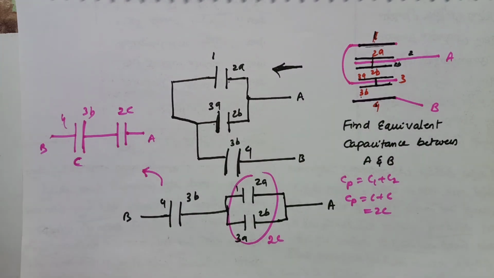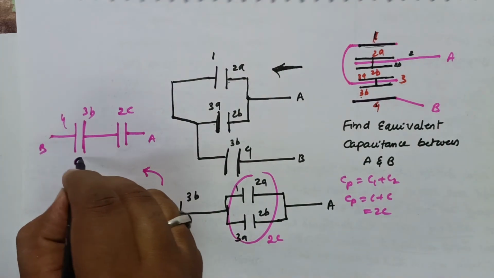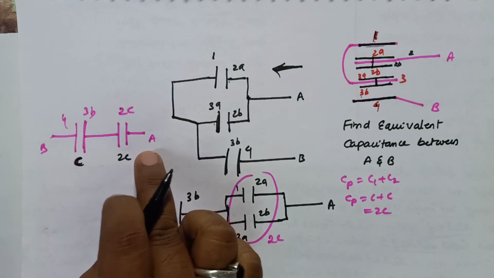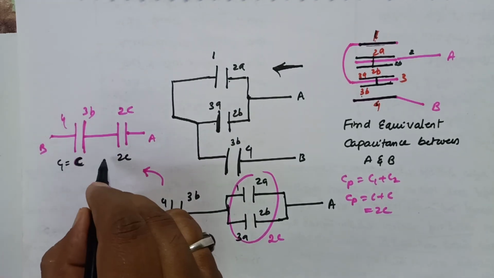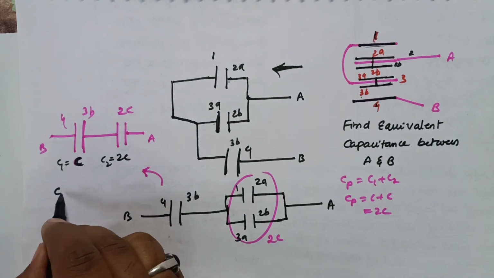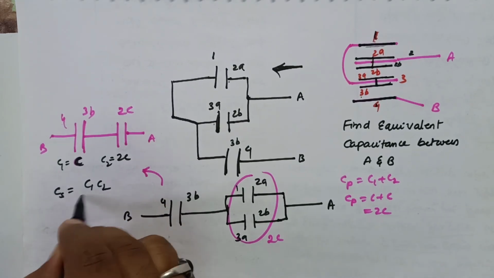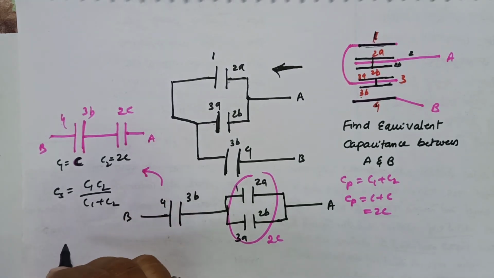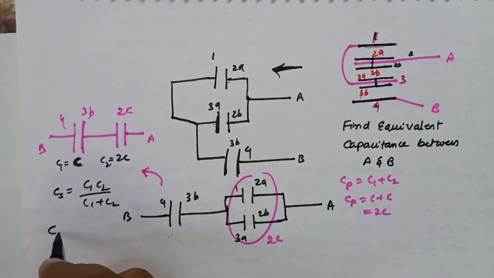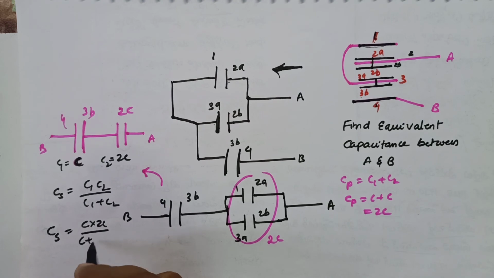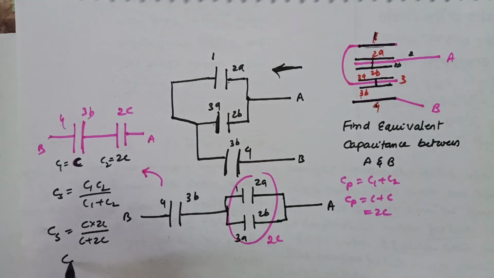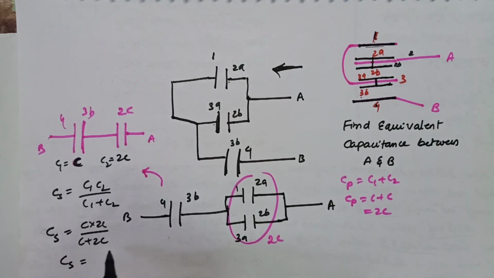So if you observe now, this is C and this is 2C, which are in series. Let us imagine this to be C1, this to be C2. C in series is C1 C2 by C1 plus C2 in the case of capacitors. So C series is C into 2C by C plus 2C. Therefore C series is 2C square by 3C.